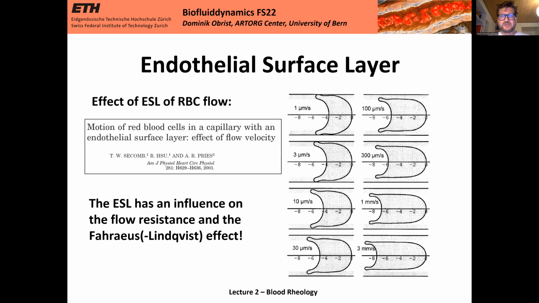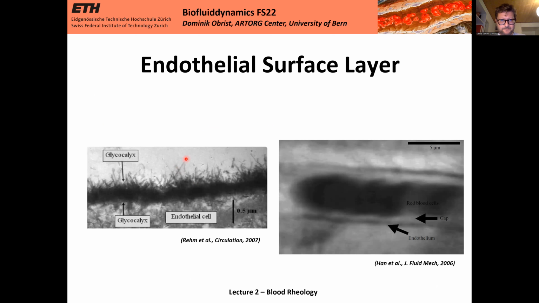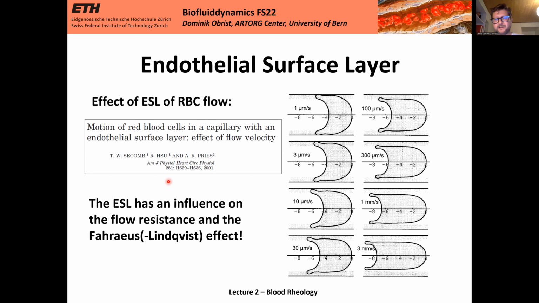It has mechanics of its own. So this wheat field, if you like, can deform. If a red blood cell is passing through, it will deform these molecules. And if the red blood cells are moving through relatively slowly, they will deform them heavily, and the red blood cells will sink into this layer.